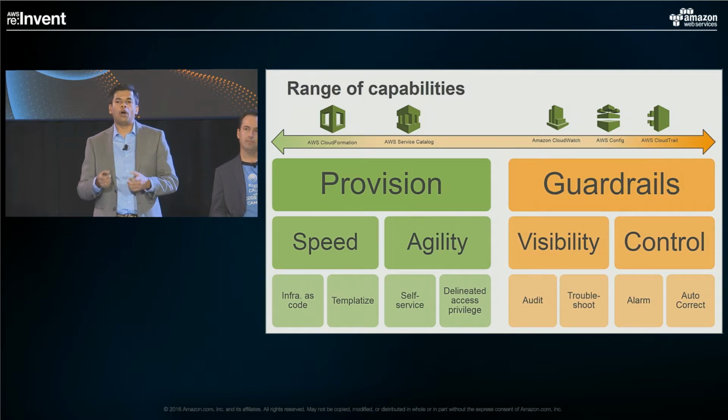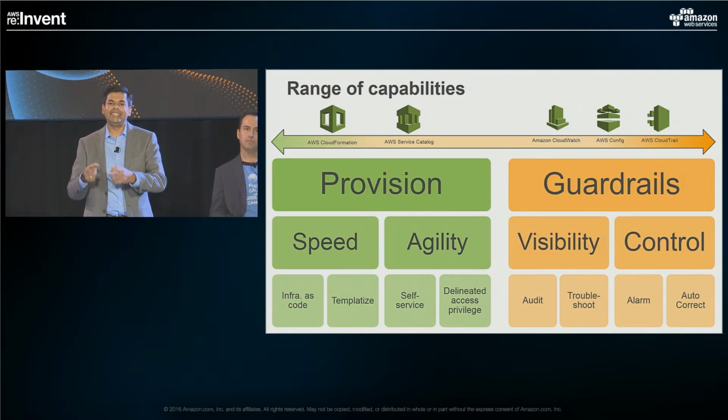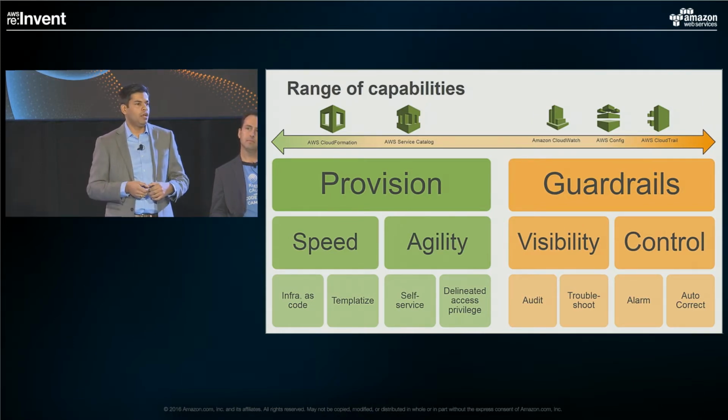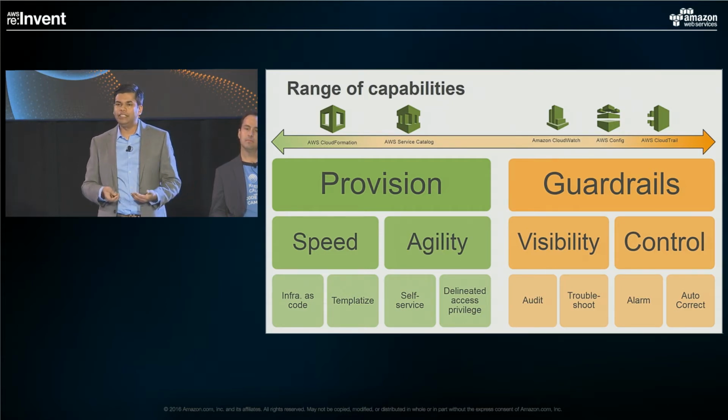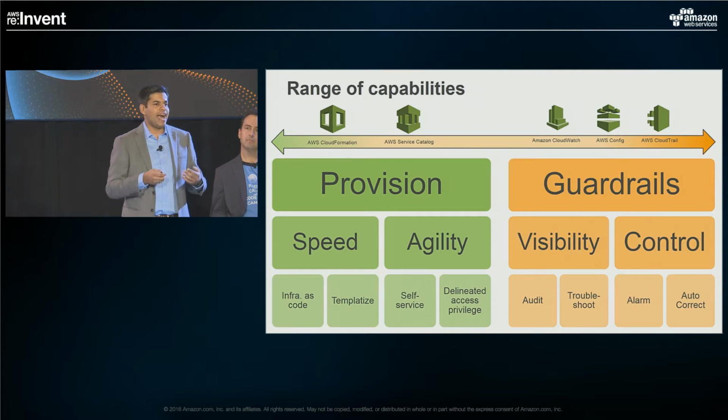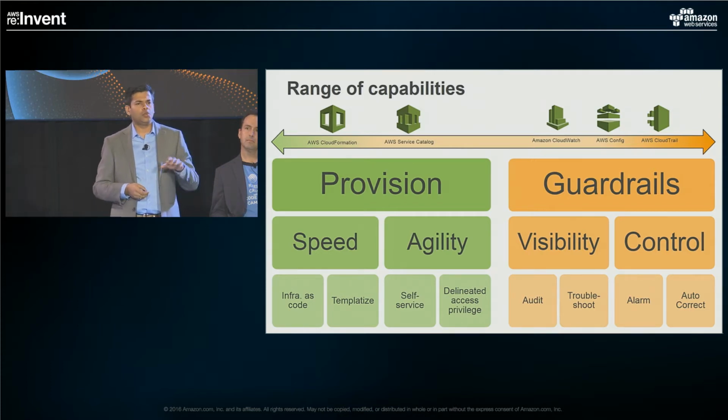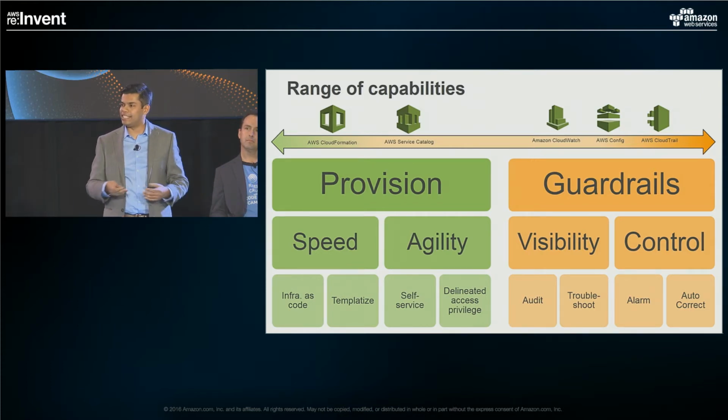Now, let's also talk about delineated access privilege. The permissions and access privileges that Adam, as an IT administrator, needs to provision and manage his infrastructure is quite different from what Daisy needs to build an application and run an application within AWS. So we'll see how Service Catalog enables Adam to maintain that delineation.